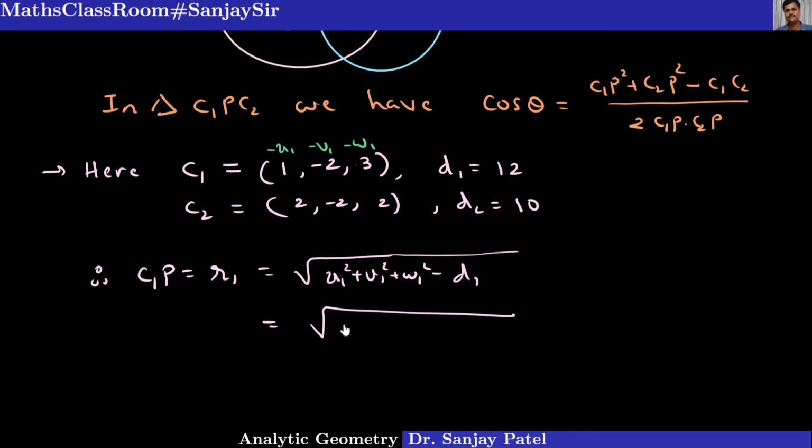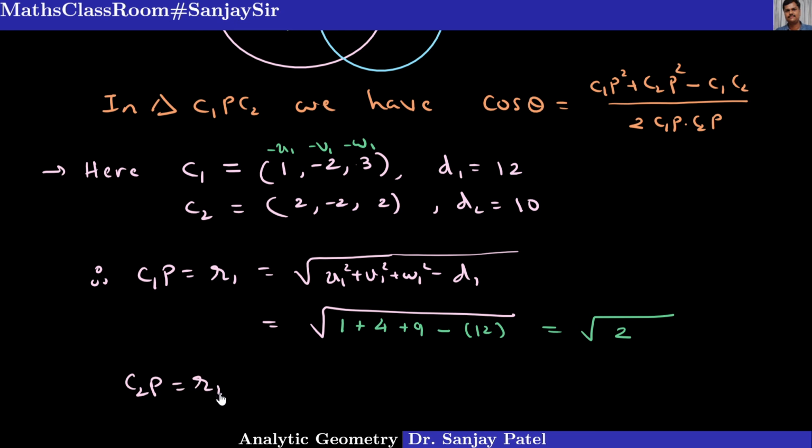So 1 square plus 2 square is 4, plus 3 square, that is 9, minus d, that is 12. So that gives you 13 plus 1, 14, minus 12. So it is root 2.